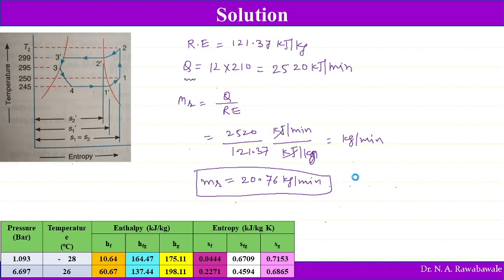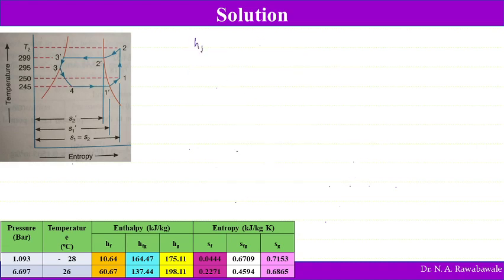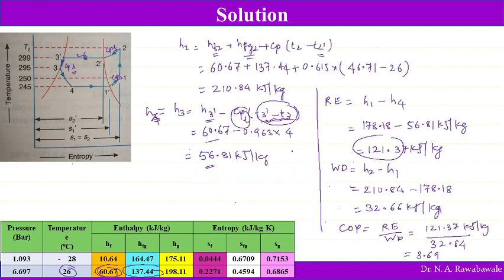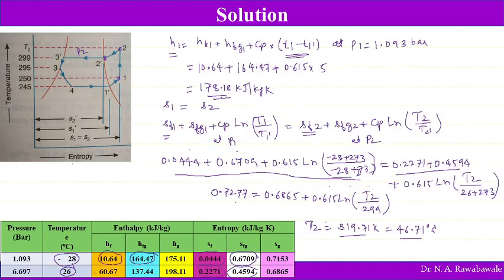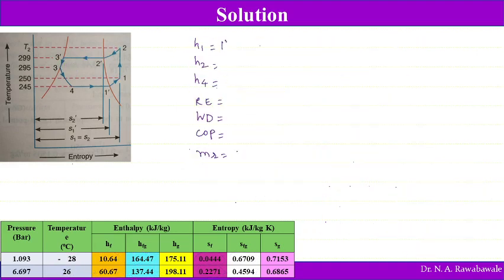So in short, we will write the summary. We find enthalpy H1, then enthalpy H2, then enthalpy H4, then the refrigerating effect, then work done, and then COP and mass flow rate of refrigerant. H1 we obtained is 178.18 kilojoules per kg.